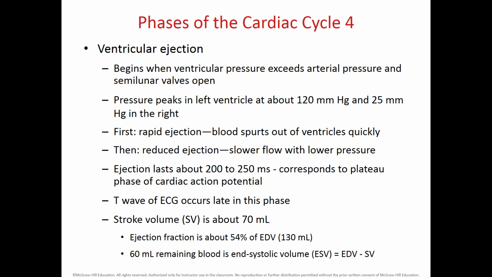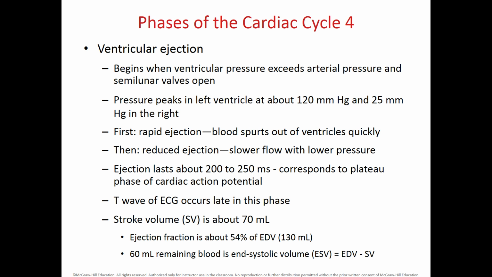And then you will have the plateau phase of the cardiac contraction, the one that we saw where you have calcium. In this case, the T wave will happen later during this phase, and you'll have ejection of blood every time that your heart contracts, and this will be called SV or stroke volume.